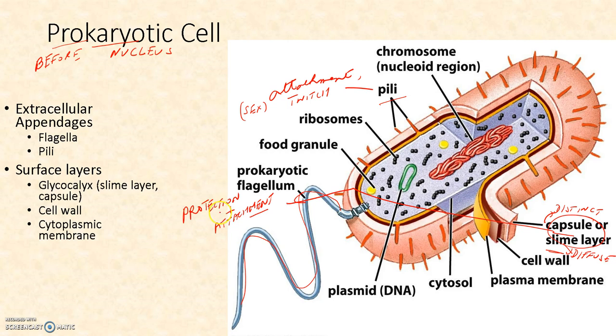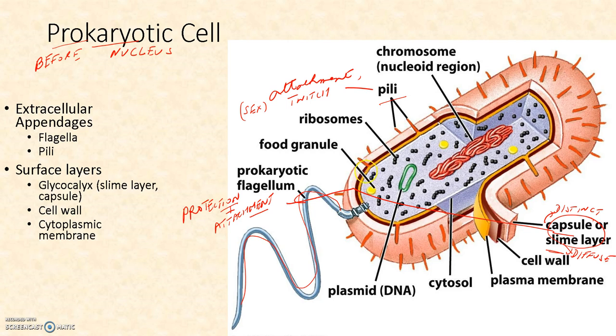A bacteria needs to bind to a surface, like, for example, plaque on your teeth. Protection would be, it will protect the bacterial cell from immune response. And this is how some bacteria escape immune detection. Or also it can provide protection from environmental factors.